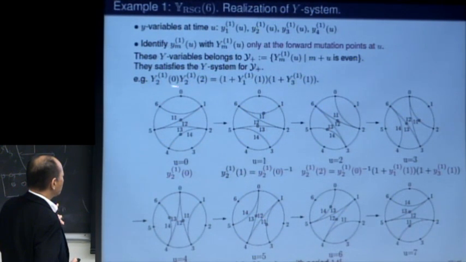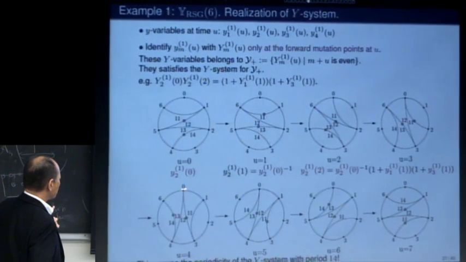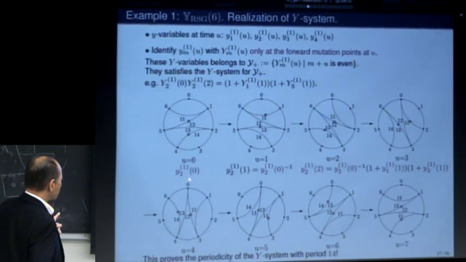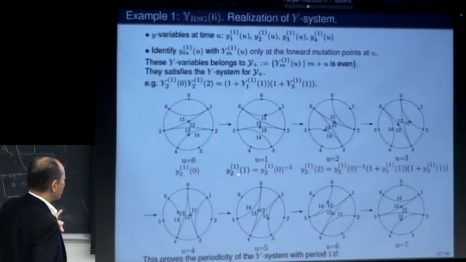For example, how do we obtain this one? Let's look at these arcs with labels 1, 2, and this is the forward mutation point. This red means it corresponds to the forward mutation point. Make a mutation, it is inverted. But the next one is not a forward mutation point, so we cannot identify this with this variable.